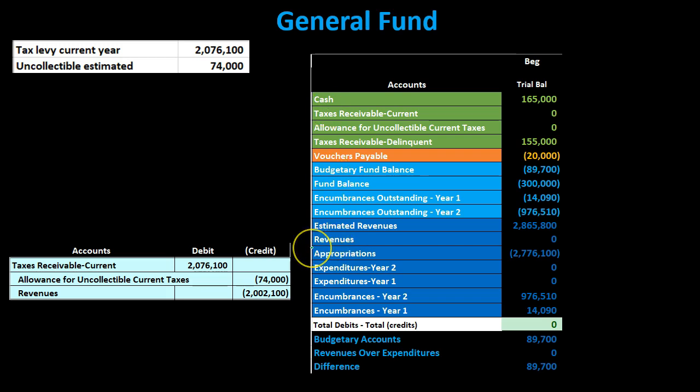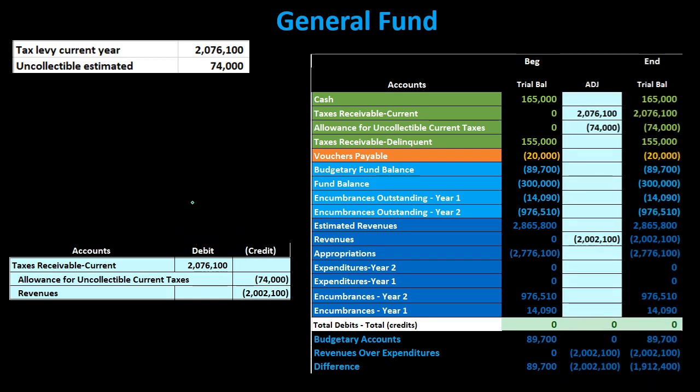The revenue account, however, we're going to possibly want to reverse out to bring it more to a cash basis. So be aware of that. If we post this item, then the taxes receivable account is going to go up. We're going to then record the contra account, saying the amount that we think is going to be uncollectible. The difference between the two is what we expect to collect and is what we're going to record then as revenue. So that's going to be that item.